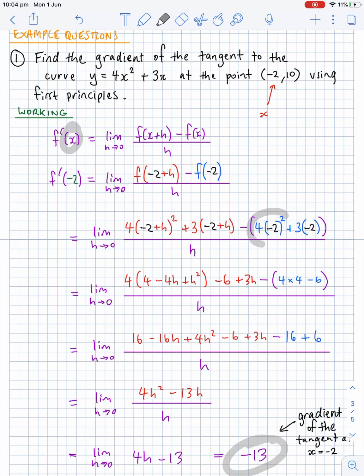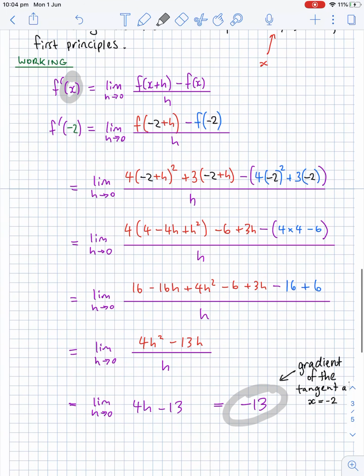So 4 lots of (-2) squared plus 3 lots of -2, and that's all being divided by h. We can expand this bracket here to give you that, and that's all being multiplied by this 4, remember? That bracket expands to that, and this bracket here simplifies to 4 lots of 4 minus 6.